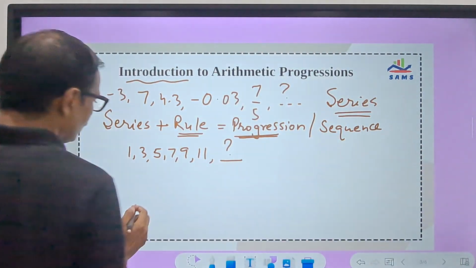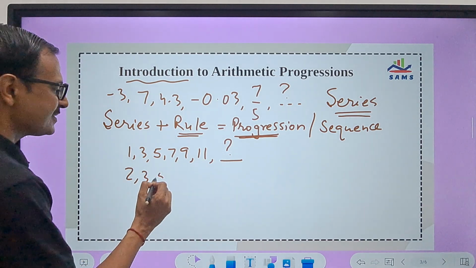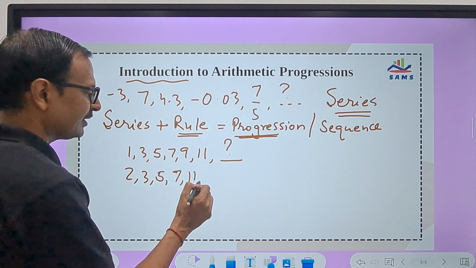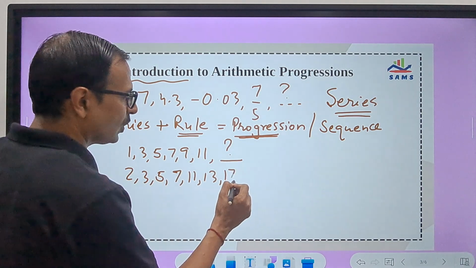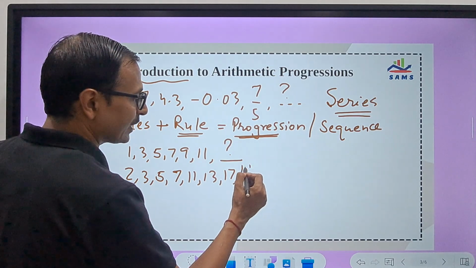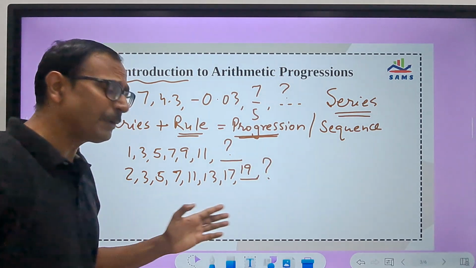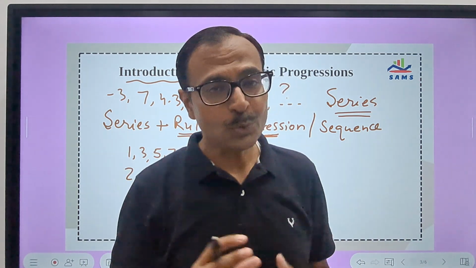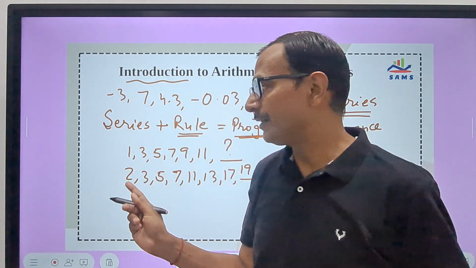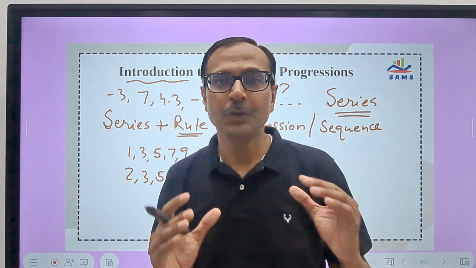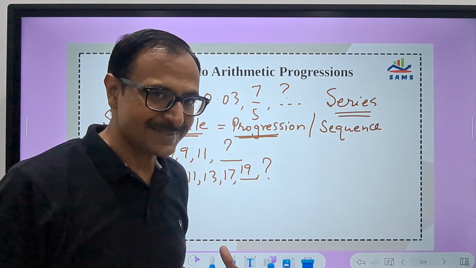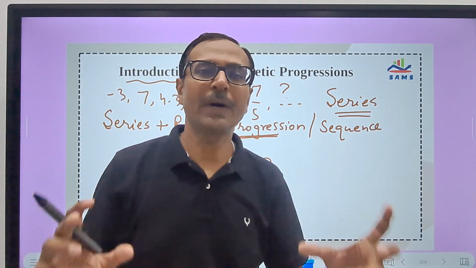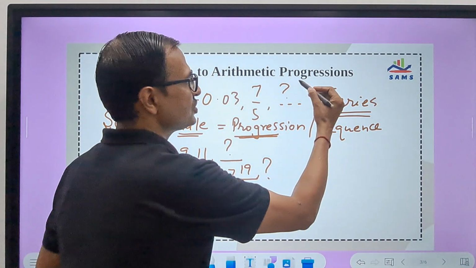Likewise, if I give you 2, 3, 5, 7, 11, 13, 17, 19 and so on, and ask you what is the next one after 19, you will immediately identify that I am writing a series of prime numbers, and so you are able to crack the rule, and once you crack the rule you are able to find the progress. Okay, now I hope you are clear about what is a progression.